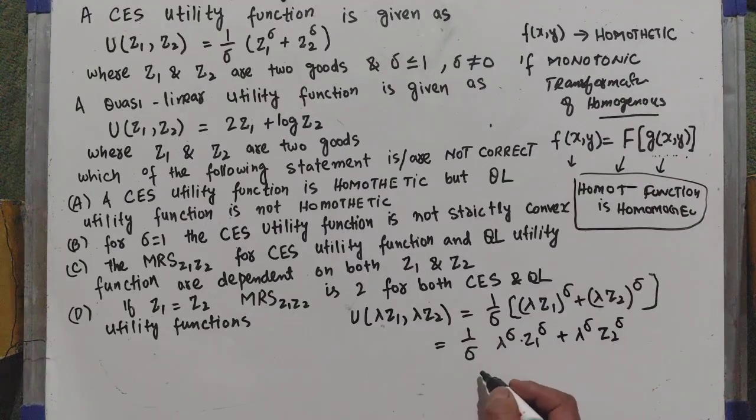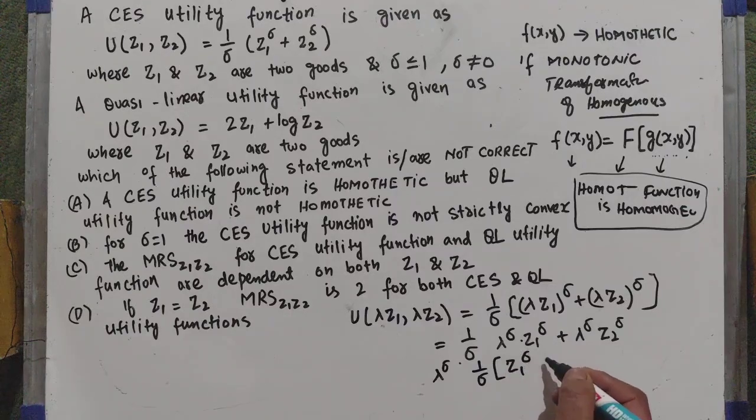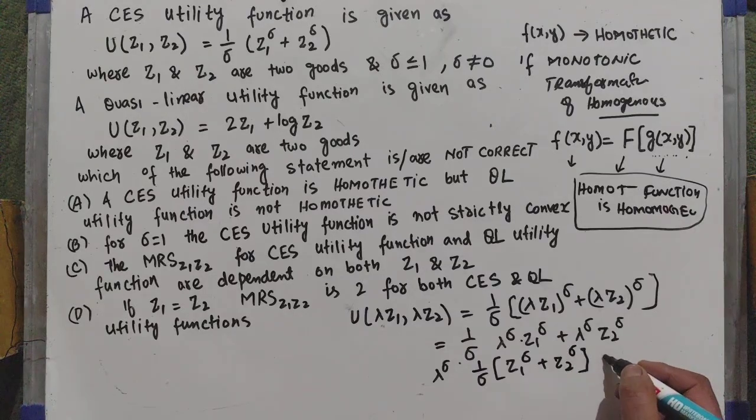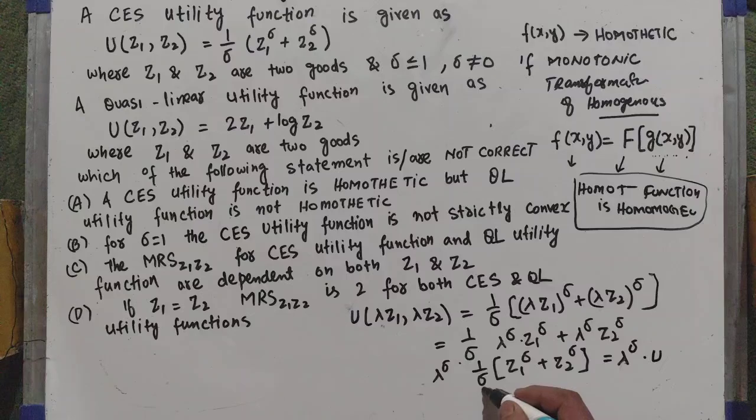We can factor out lambda, so we get lambda raised to power delta times 1 upon delta, then z1 raised to delta plus z2 raised to delta, which is equal to lambda raised to power delta times the given utility function u of z1, z2, because this function is again the given function.